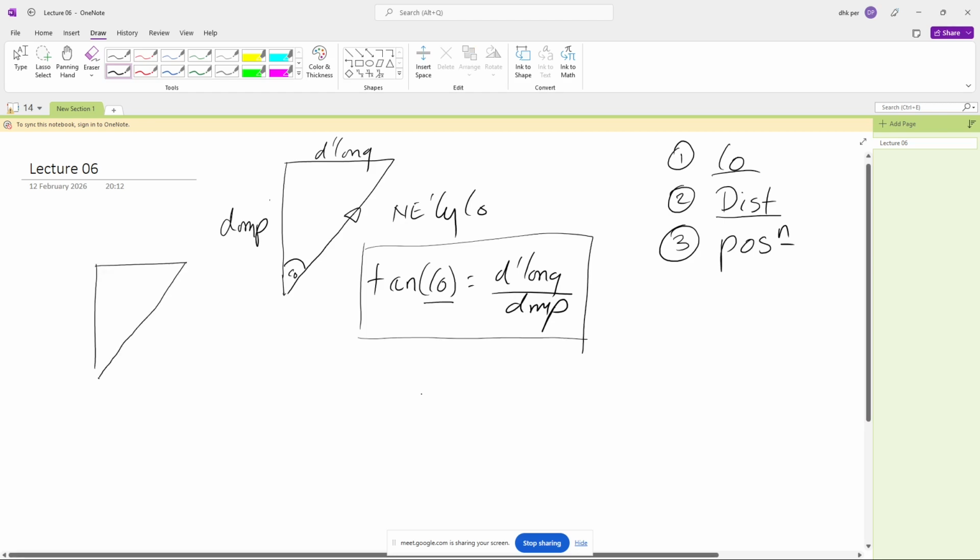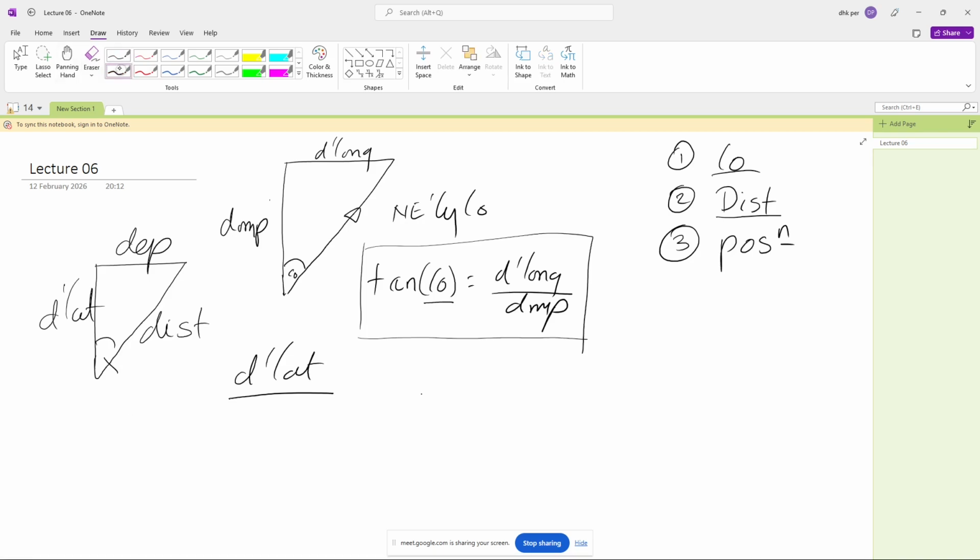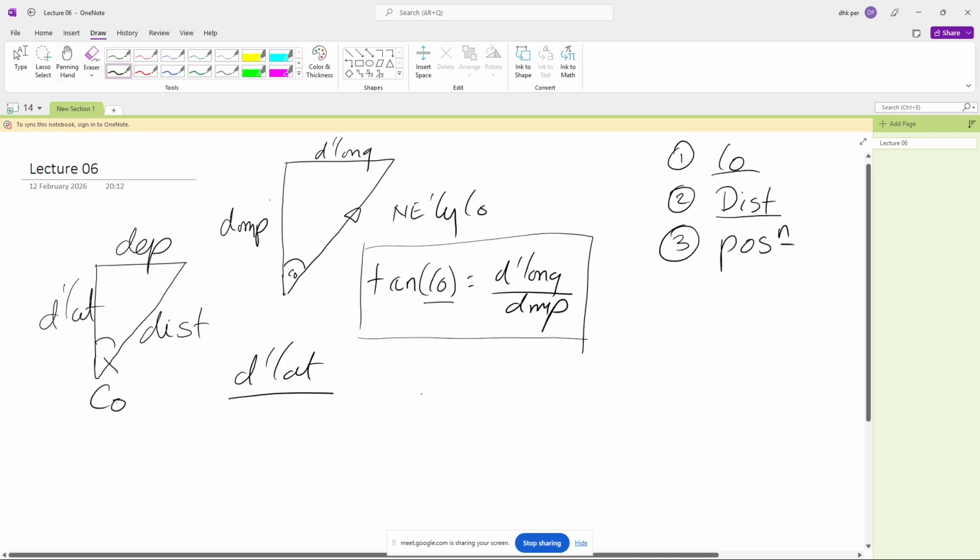In the plain sailing formula, if you can remember, this is departure, this is distance, and this is D lat, right? How can you find the distance? Very easy. You can see D lat here, and this is the course.